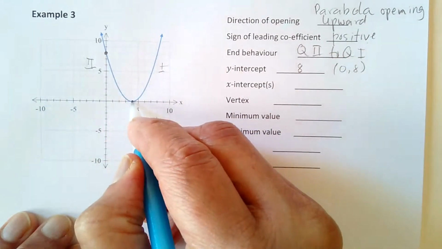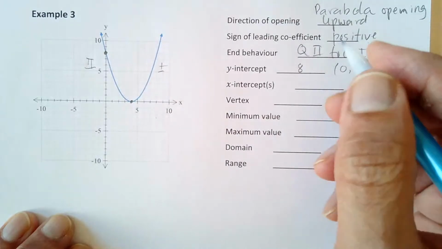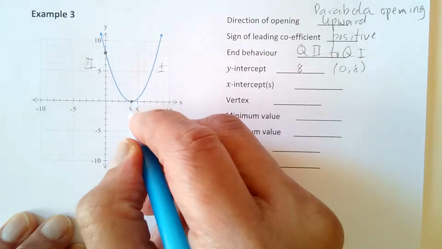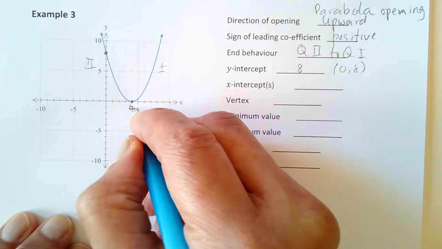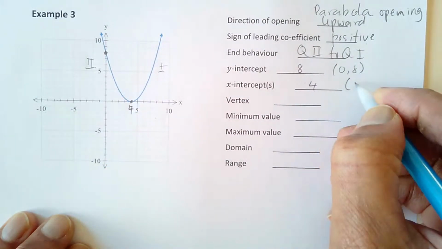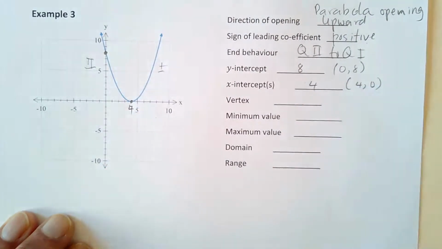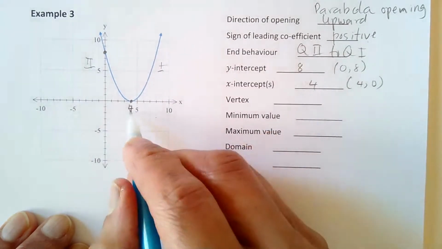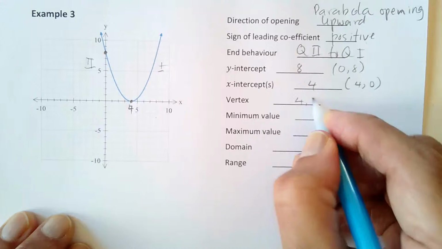The x-intercept, there's only one actually, which is the vertex in this case. This x-intercept is 4, or 4, 0. The vertex is 4, 0.